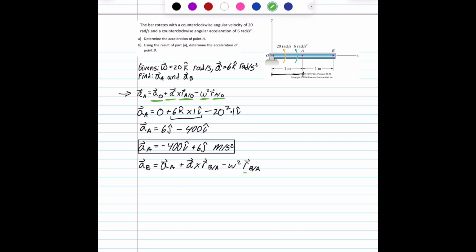Looking at which terms we know: the position from A to B, the angular velocity, the angular acceleration, and we already found the acceleration of point A.